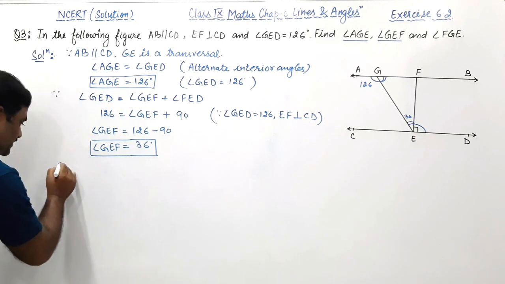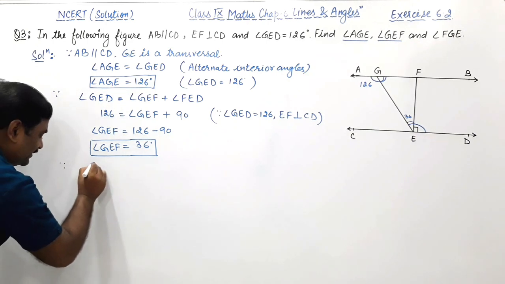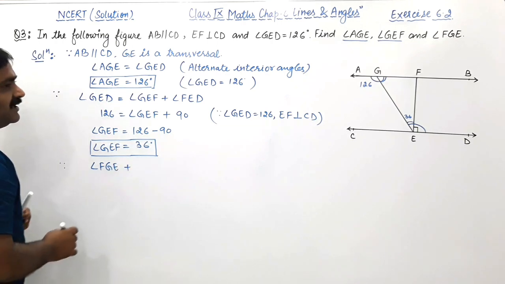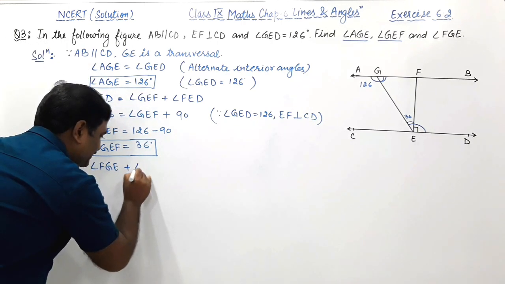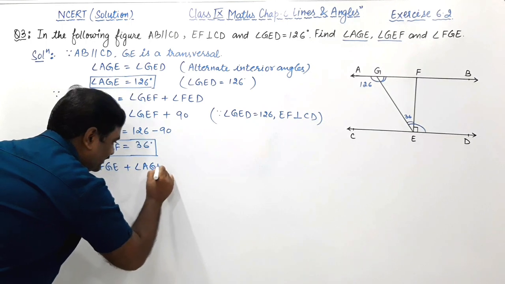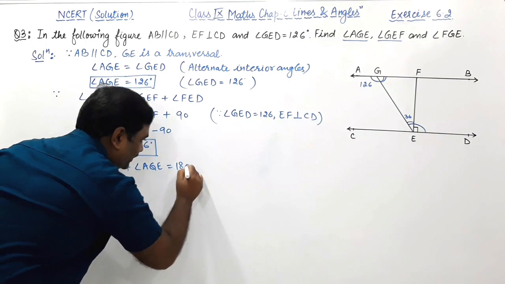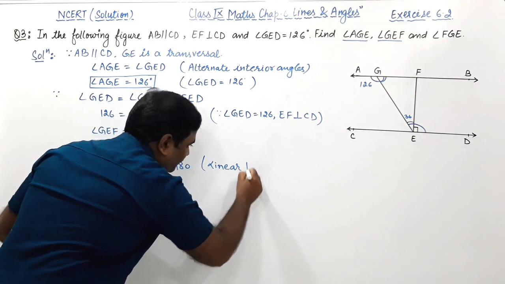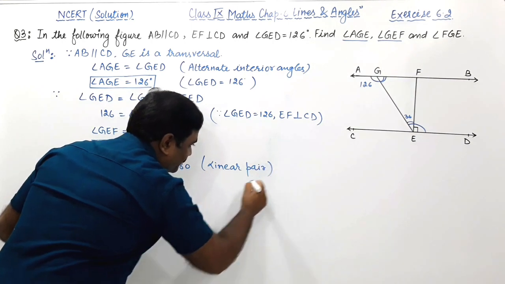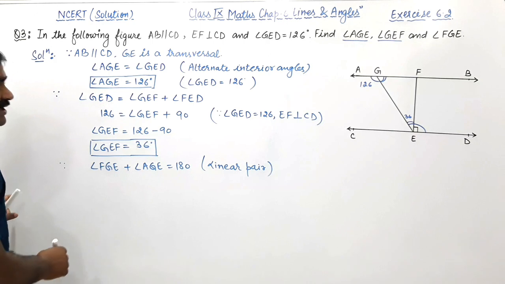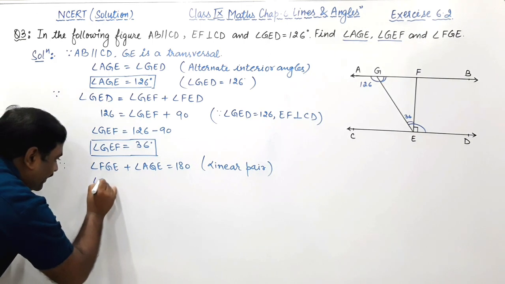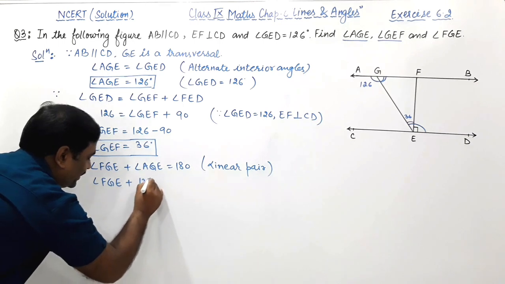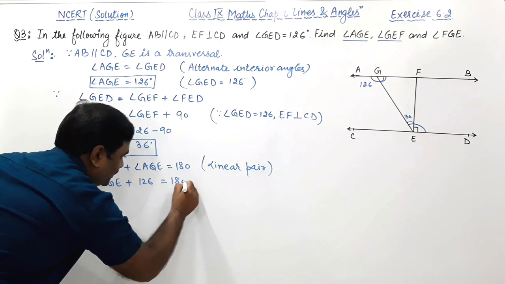Since angle FGE plus angle AGE is equal to 180 degrees, you can write they are linear pair angles. Okay, now FGE you are going to find out. FGE plus this 126 degrees is equal to 180.